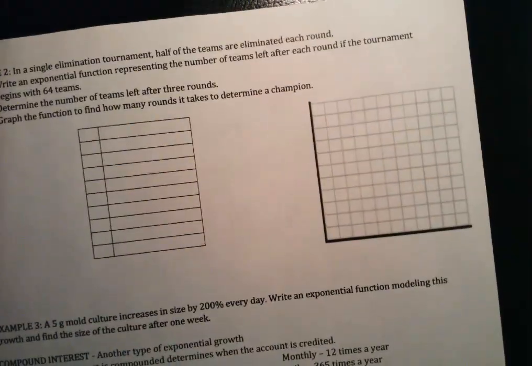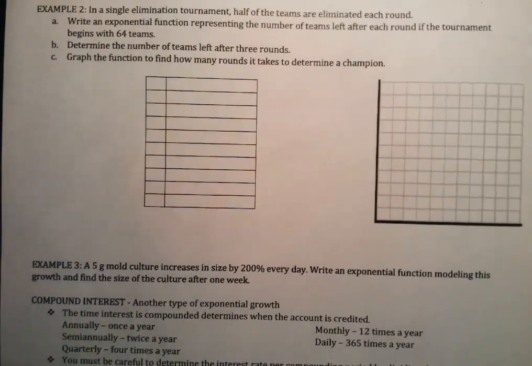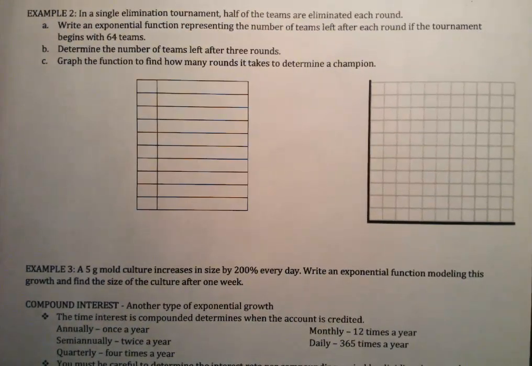Okay, on the back, example 2. Some of you will, I think, appreciate this example. In a single elimination tournament, half of the teams are eliminated each round. So this is how you calculate how many rounds it's going to take. It says write an exponential function representing the number of teams left after each round if the tournament begins with 64 teams. B, determine the number of teams left after 3 rounds.